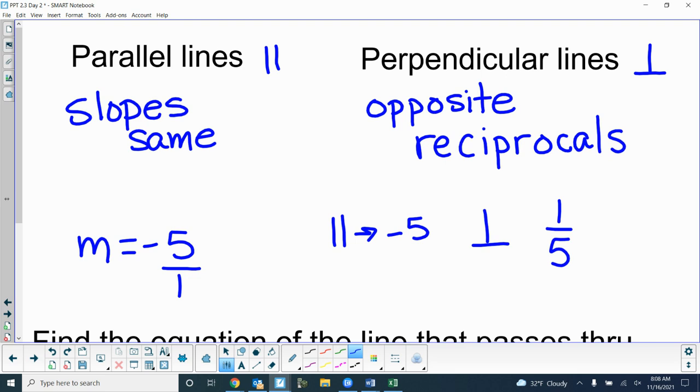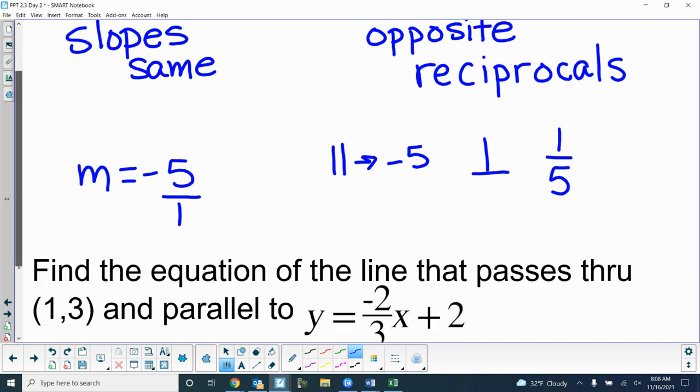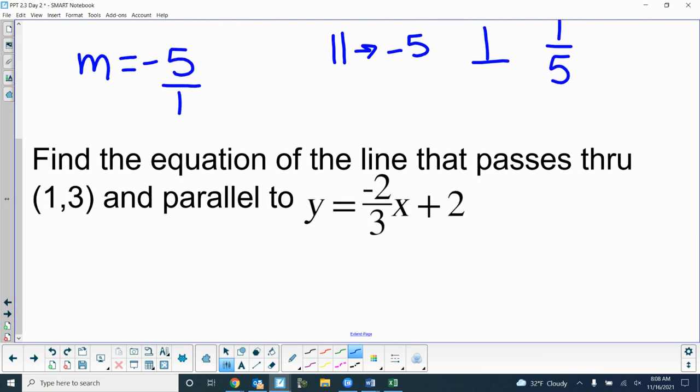So here's the type of problem with these you'll have. Find the equation of the line that passes through 1, 3 and parallel to this line. Okay? So the point I'm going through is 1, 3. The slope is what of the line I'm looking for? -2/3, yeah.